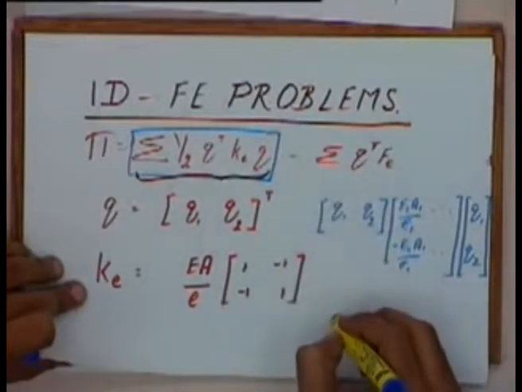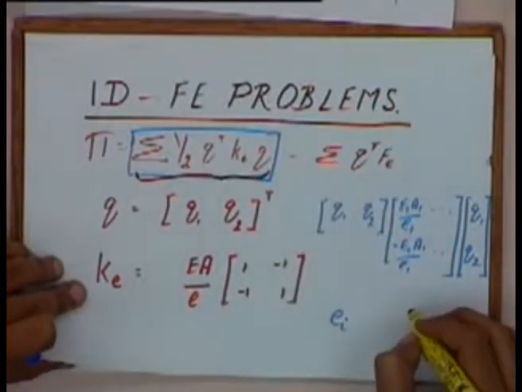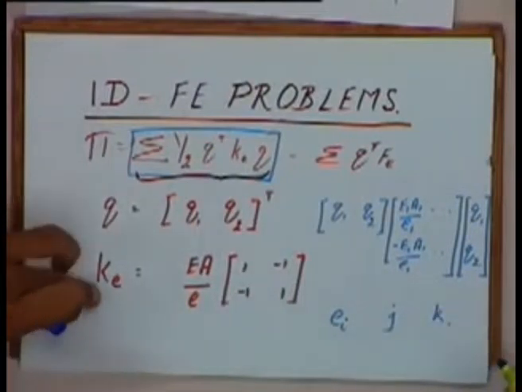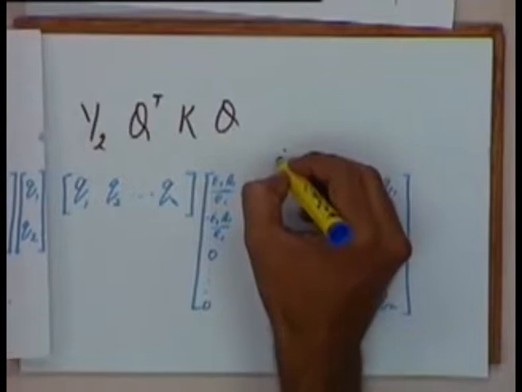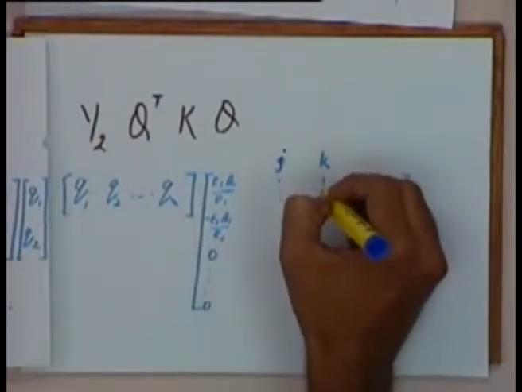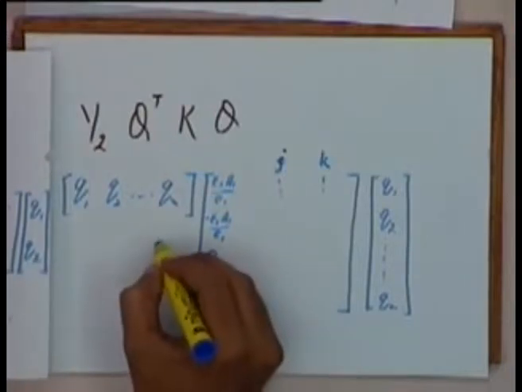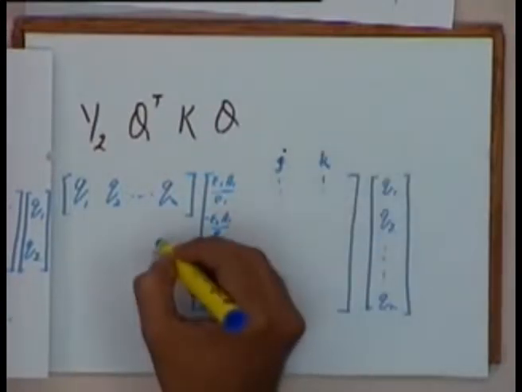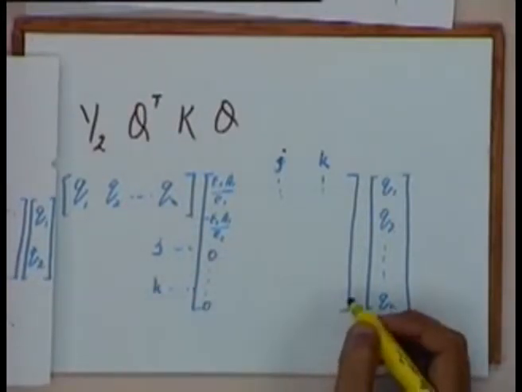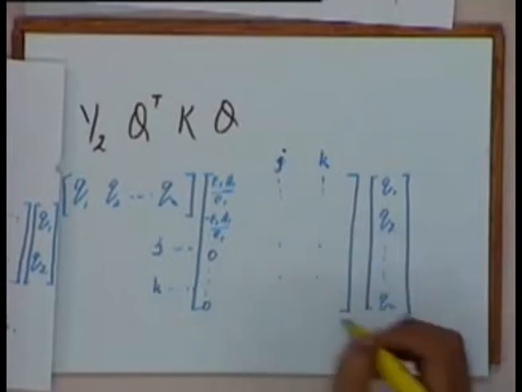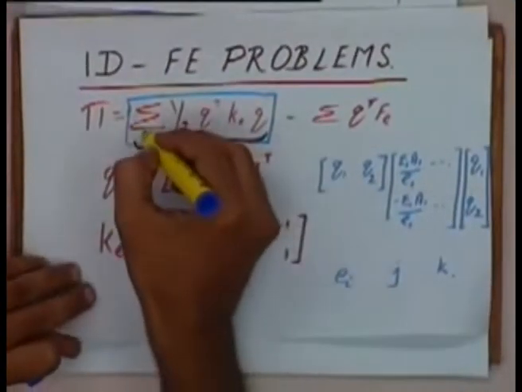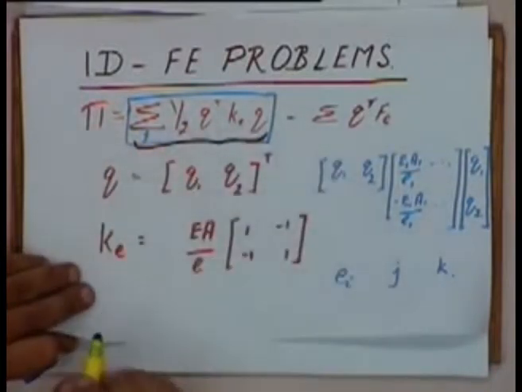Let us say if I take the element I, which is defined between nodes j and k, then the jth row and the kth row, and similarly the jth column and the kth column, these 4 terms will give me the terms corresponding to the jth element matrices.